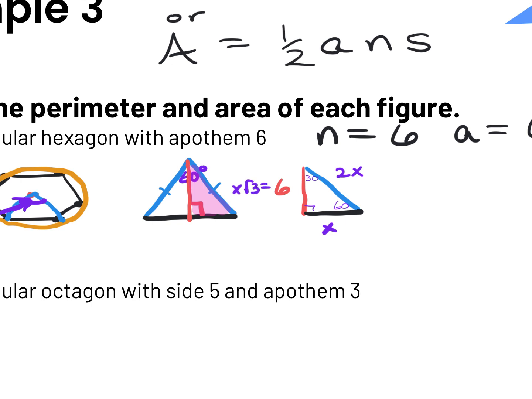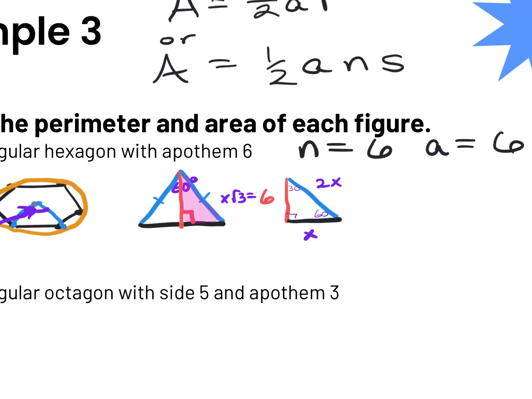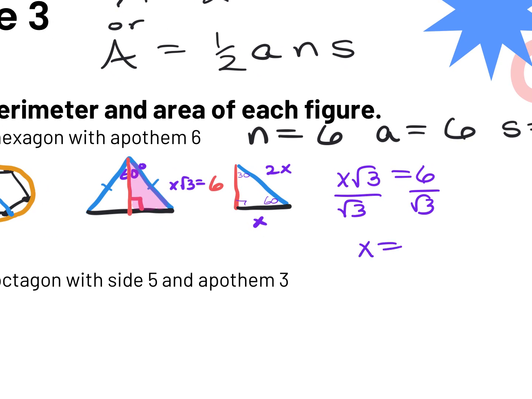I need to find the value of x because that's going to give me half of my side length. So I'm going to solve the equation. X square root 3 equals 6. Divide by the square root of 3, and x is equal to 6 over the square root of 3.